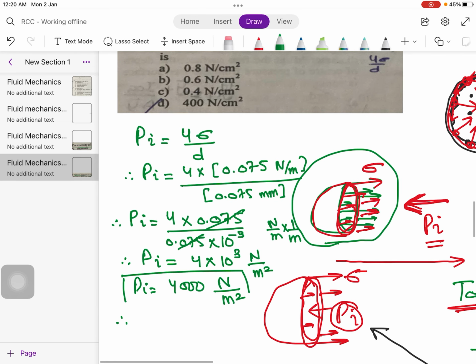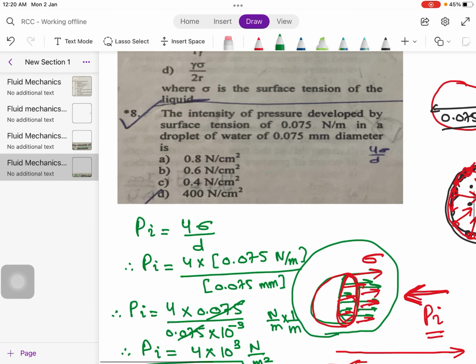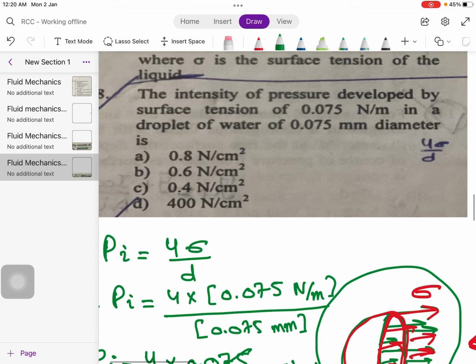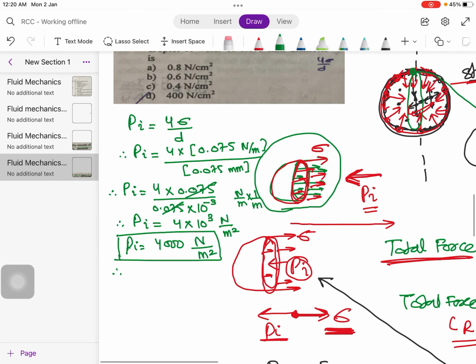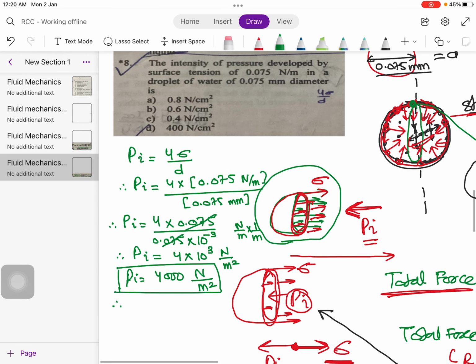So this is the answer for this question. But it looks like the pressure has been given in centimeters squared. Therefore, we need to modify this solution a little bit.